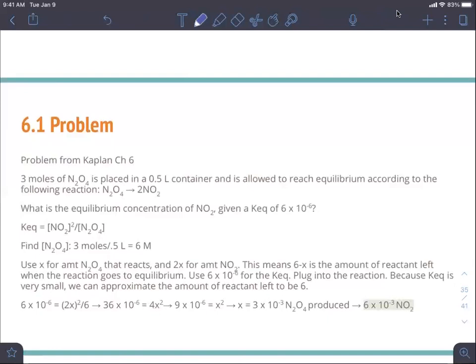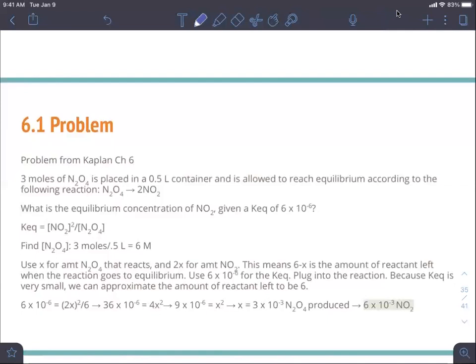The reason for this is that when K is very big, the reaction is favored toward the products. But in this case, the K is very small, so the reaction is favored toward the reactants. Not many products are formed, and the majority of reactants are still left. So for that reason, we can just approximate it to be 6.